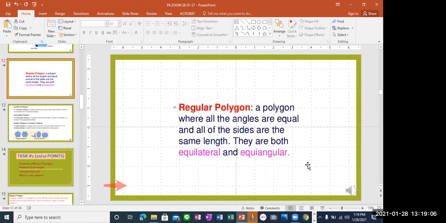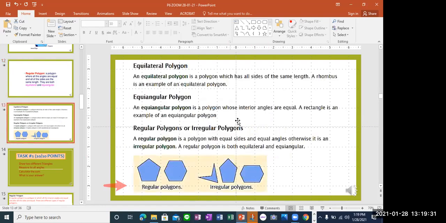Now we have the regular polygon. It says all angles are equal and the sides are of the same length. So we use the simple words equilateral, which means the sides are equal, and equiangular, which means all the angles are equal.